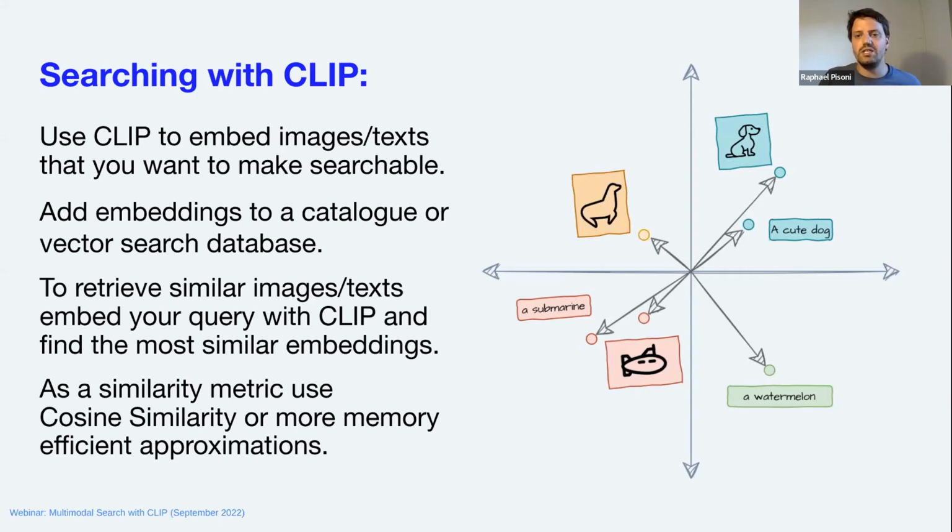So on the right, just to explain this again, the image of a cute dog and the description, a cute dog, should fall in the space very close to each other in terms of this angular similarity or cosine similarity. And on the other hand, a submarine and the description, a submarine, also will fall very close to each other, but on the far end from the dog, because they are very different.